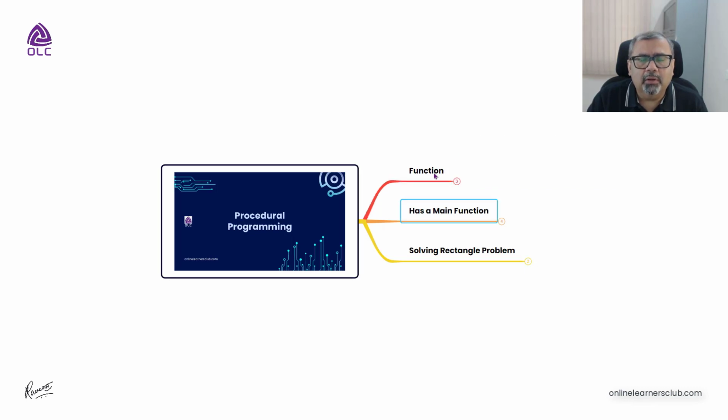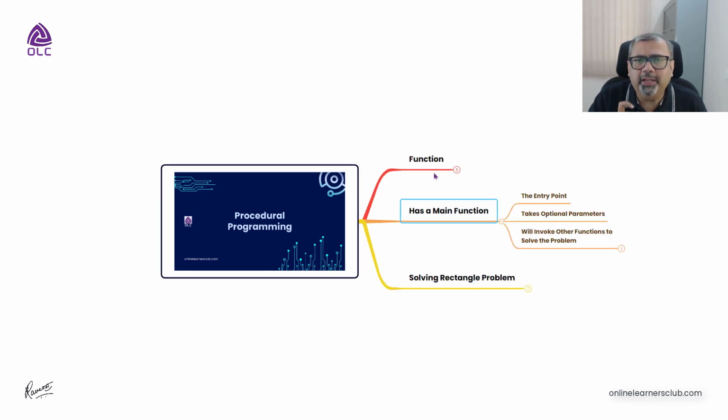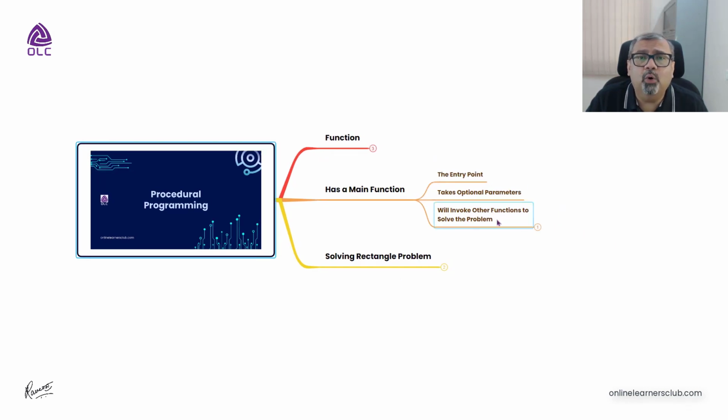Now, in a procedural programming environment, there will be a main function. The main function is like an entry point to the programming environment, and it takes optional parameters. If you want to pass certain parameters, you may pass them, and internally it will invoke other functions that are required to solve the problem.